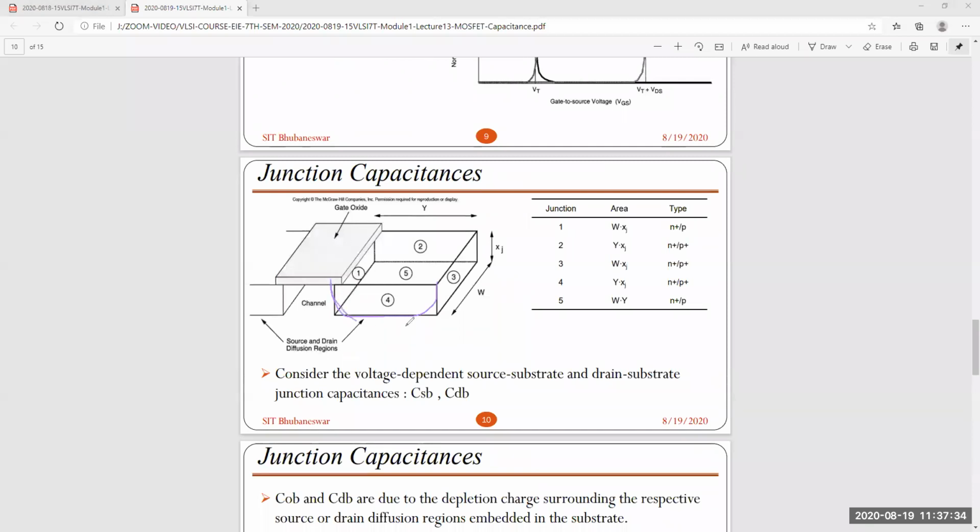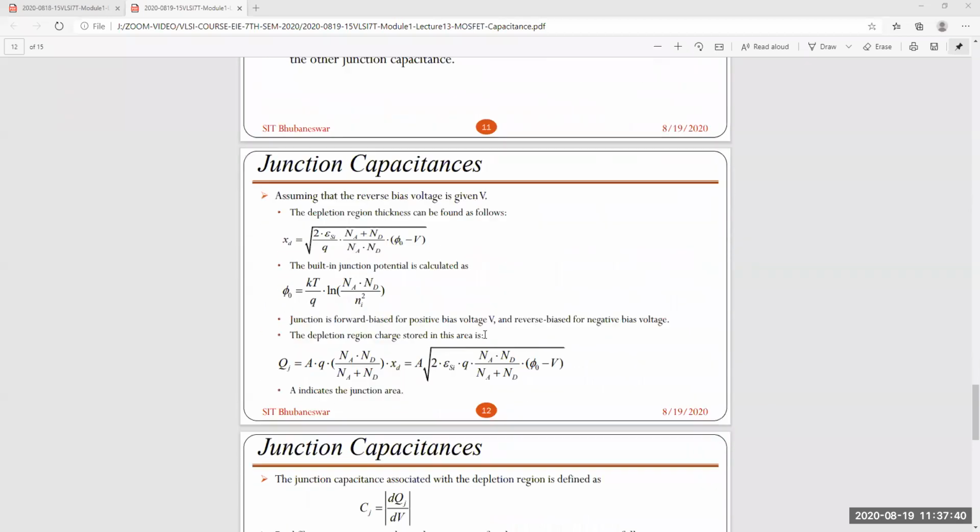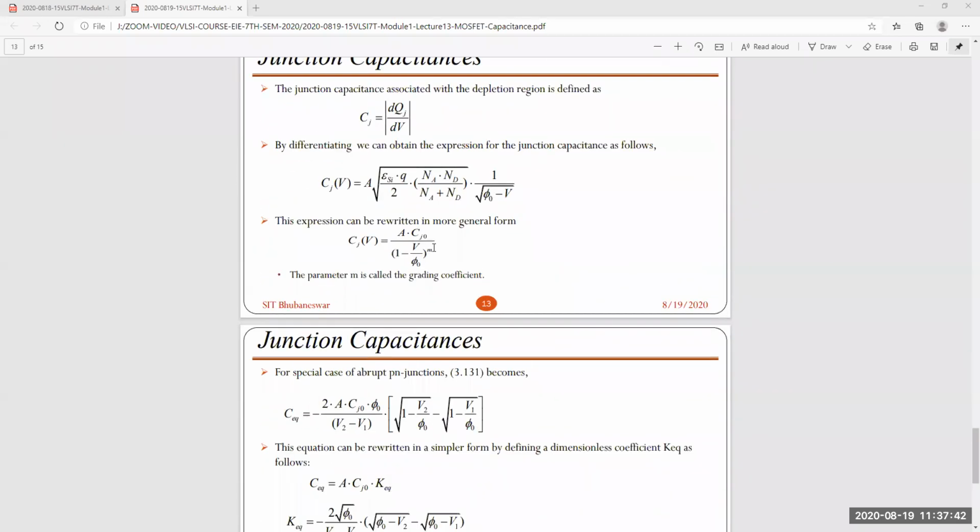Due to this, the M value also depends. It may be 1 or 0.5, or something between 1 and 0.5. You can see in the book what the M value is. The parameter M is called the gradient coefficient.